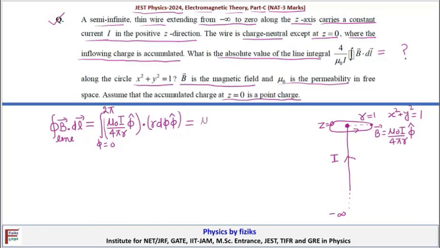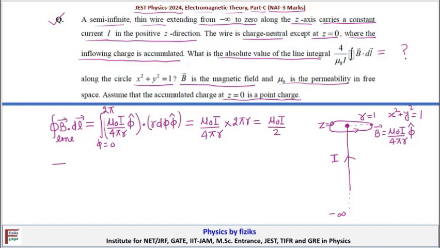So this will give mu naught I by 4 pi r, and d phi will give 2 pi. So this will cancel out, and this is mu naught I by 2.